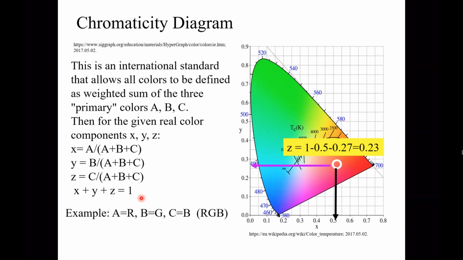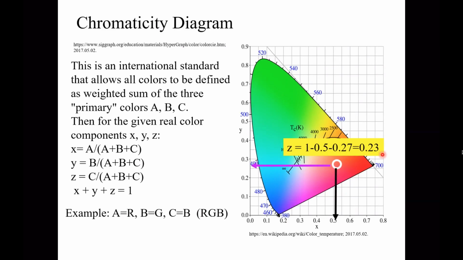So because of this, I know now for red, I need 0.5, for green, I need 0.27, and for blue, I need 0.23. So again, for the red, 0.5, for the green, 0.27, and for the blue, 0.23.